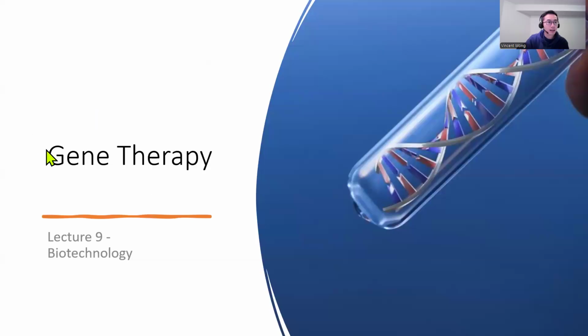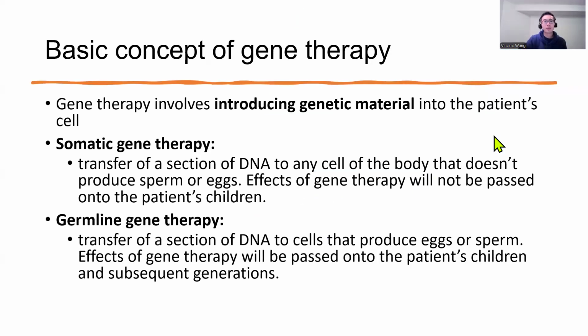We're going to finish the lecture by talking about gene therapy. Gene therapy basically involves introducing genetic material into a person's cells, and depending on the kind of cells you're targeting, it could be somatic gene therapy or germline gene therapy.